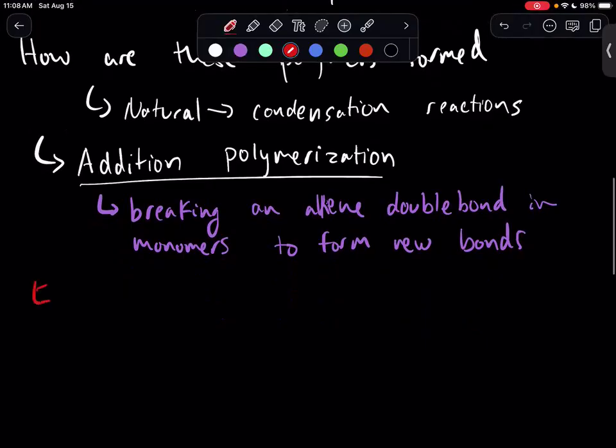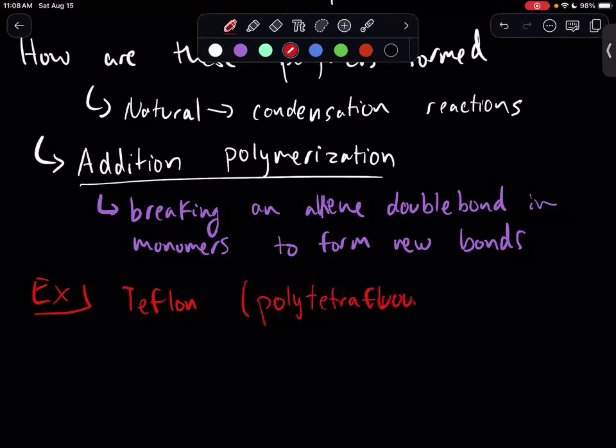So one of the best examples of polymerization can come from your kitchen in the form of Teflon. Teflon is also known as polytetrafluoroethene, also abbreviated as PTFE.